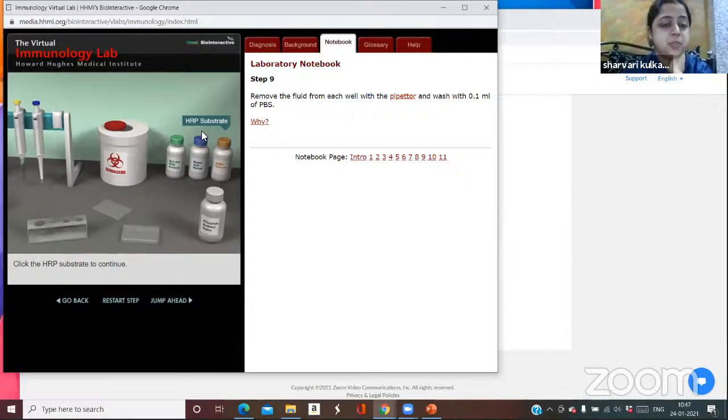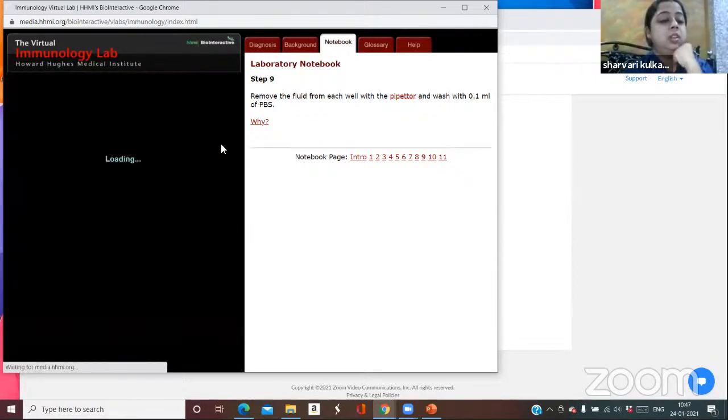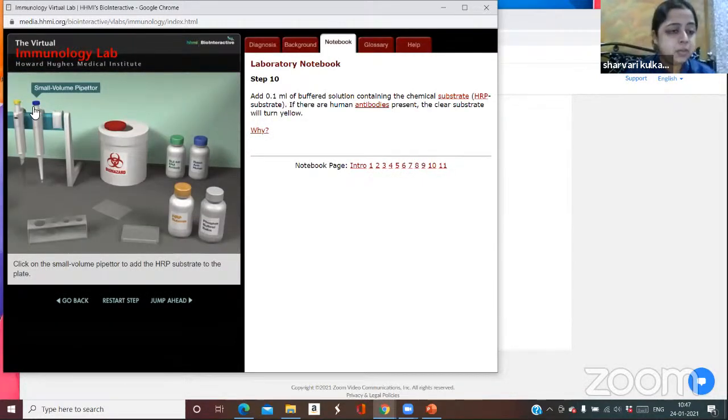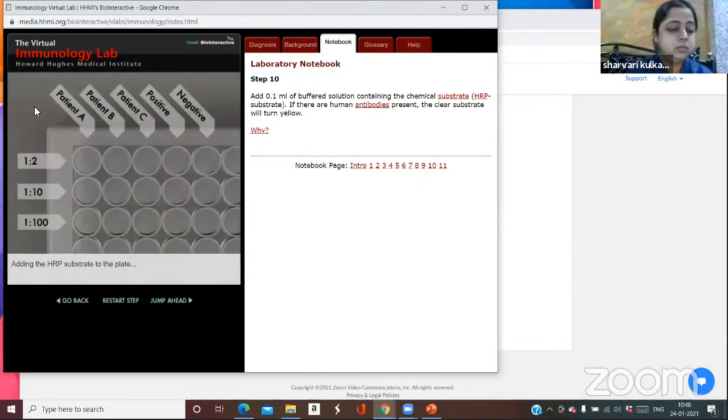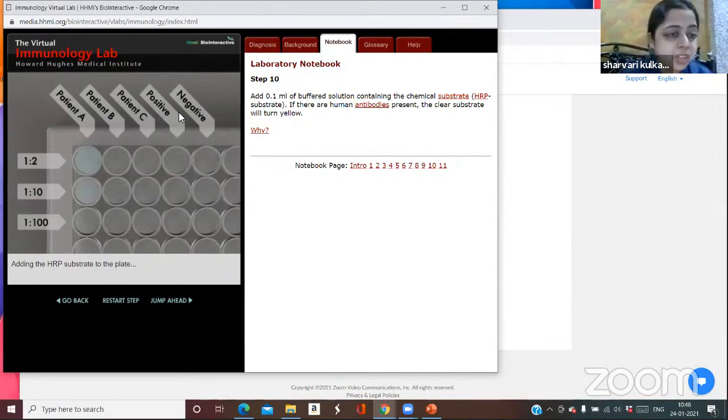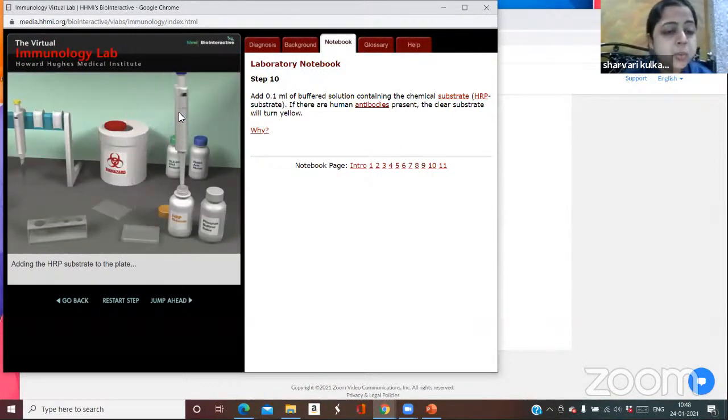Then you add substrate, horseradish peroxidase substrate, okay, which will be linked to the enzyme, isn't it? So there are many steps involved, but you have to be careful and a little patient in order to perform each and every step.